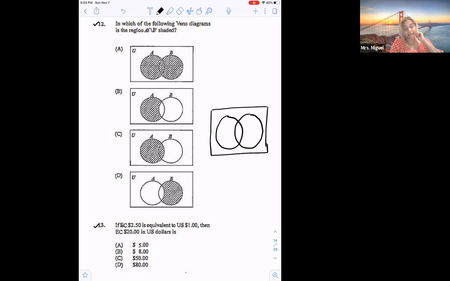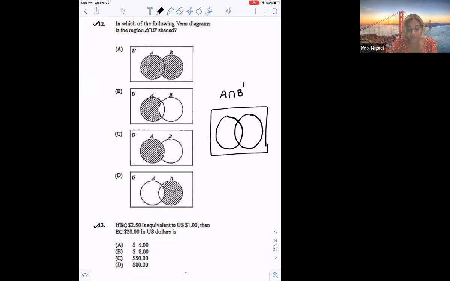We're looking for A intersect B complement. So first you shade B complement, then you shade A, and that will give you the answer. A intersect B complement. You shade B complement, which is everything.